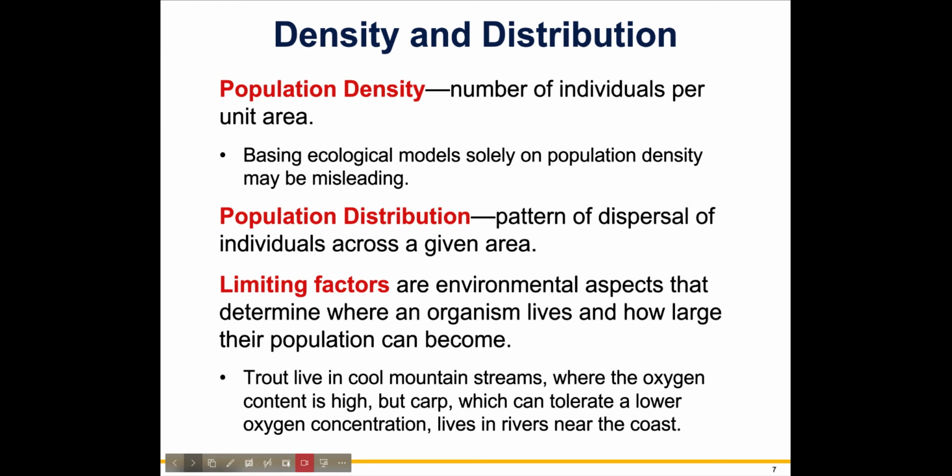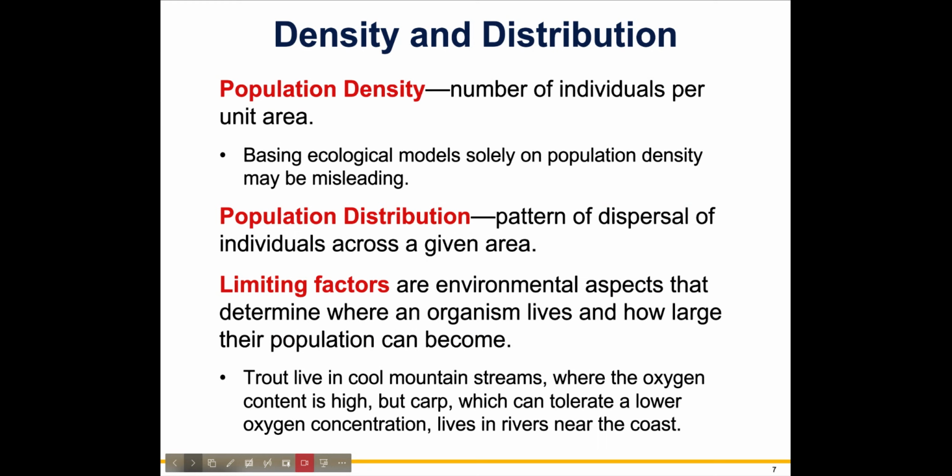So let's start with density and distribution. Population density is the number of individuals in an area. It's based on ecological models, because basing our information on a population only on its density is very misleading.